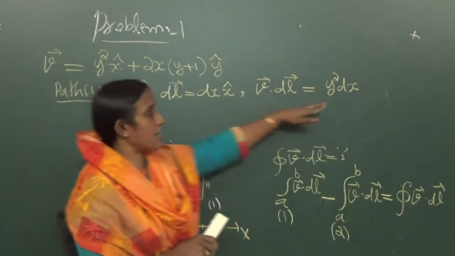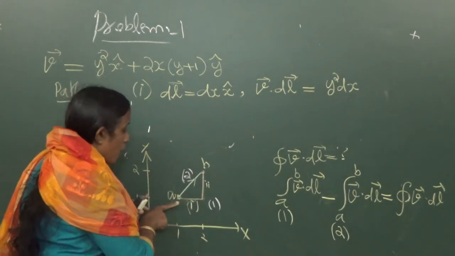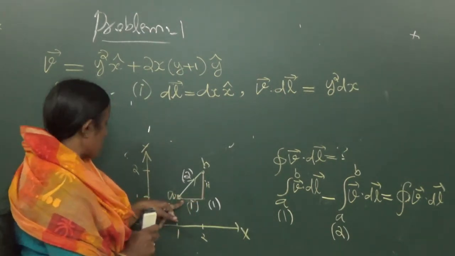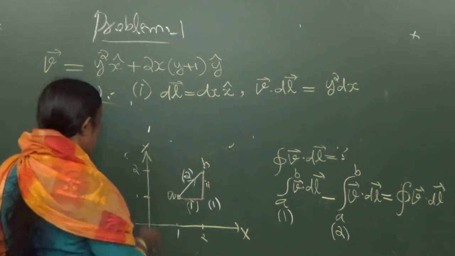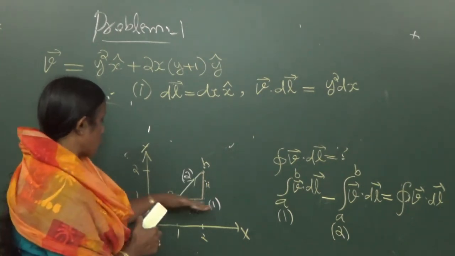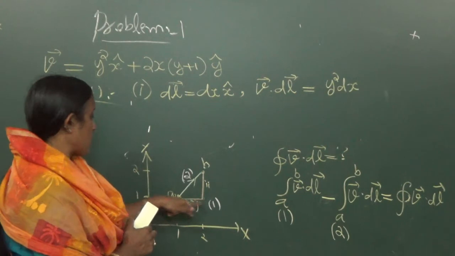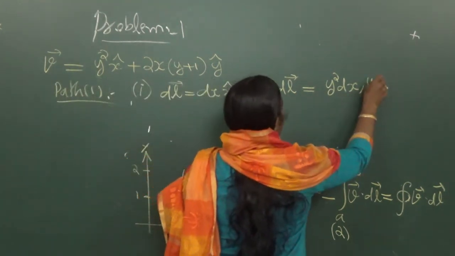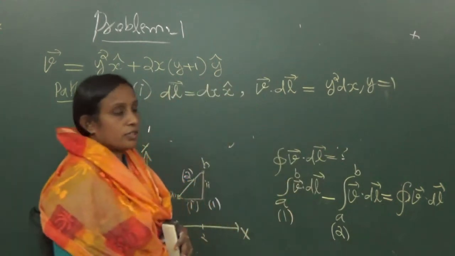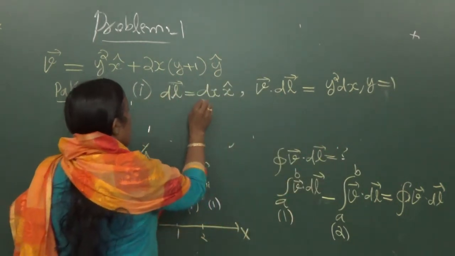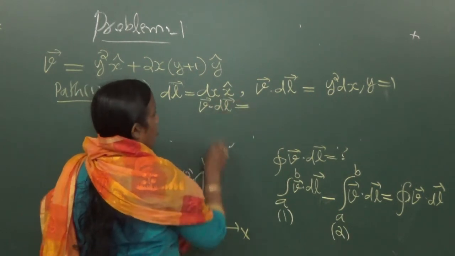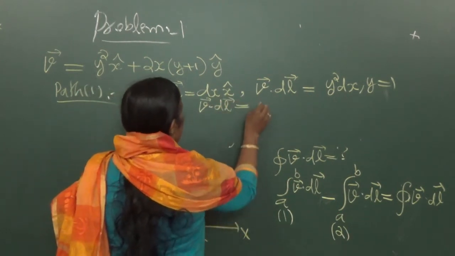Now we want to integrate this, but you know that along this line, what is y? Along this line, y equals 1. So here y equals 1, and v dot dl equals dx.